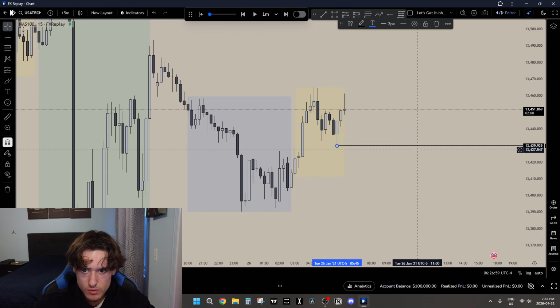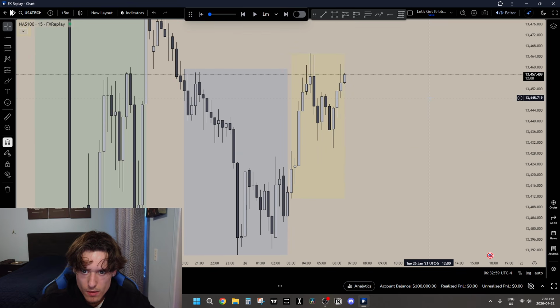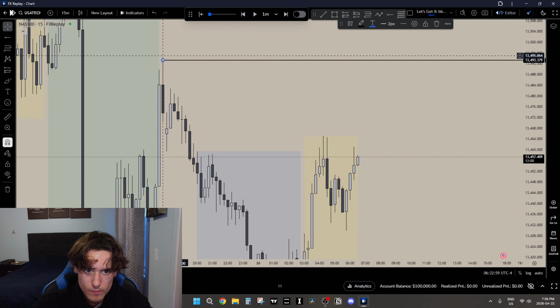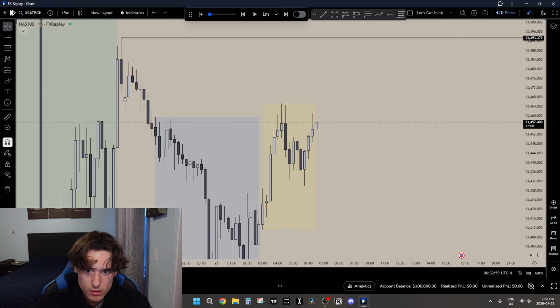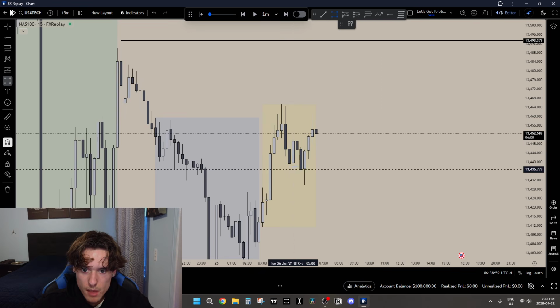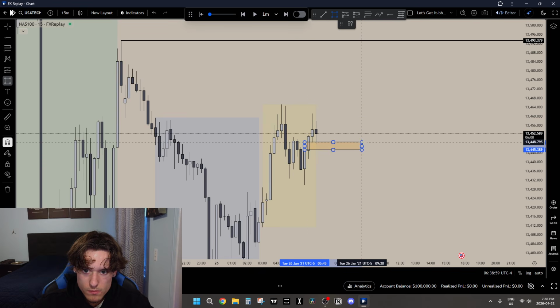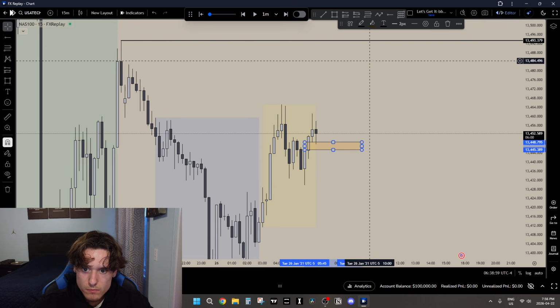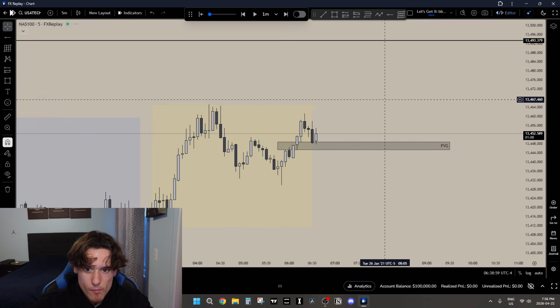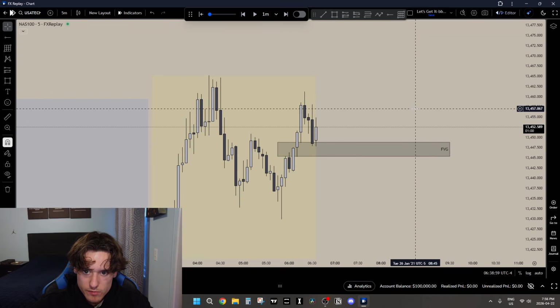We're gonna push higher right away. Okay. So I'd say this would be drawing liquidity higher. Tapping inside of the zone. Come down to the 5-minute.